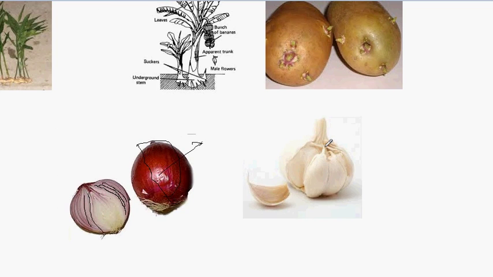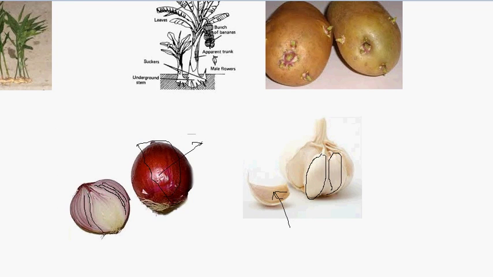As you can see in the garlic, these structures get combined, and these structures in total form the total garlic, and these structures are called the cloves.